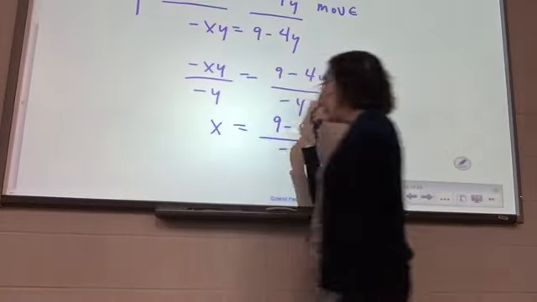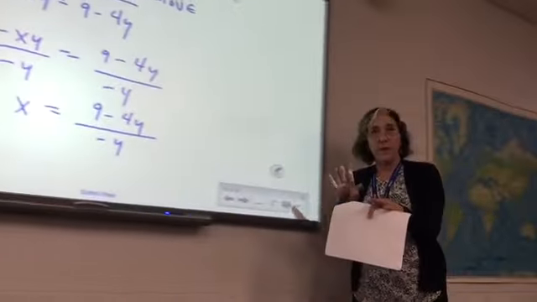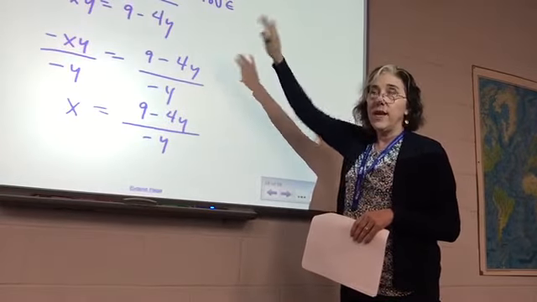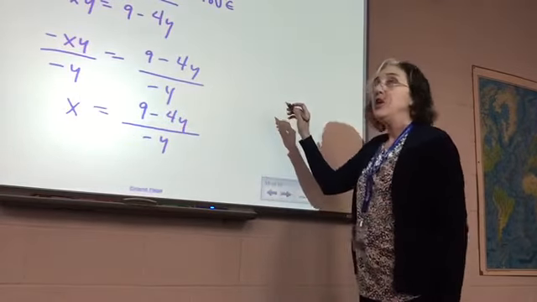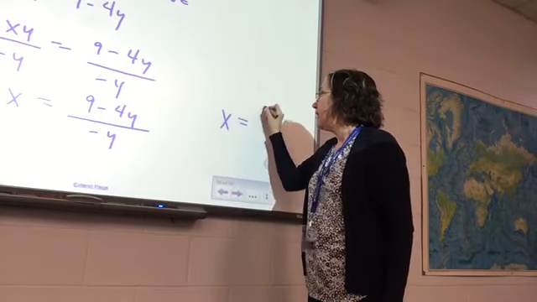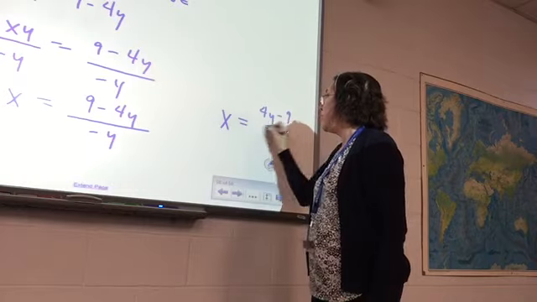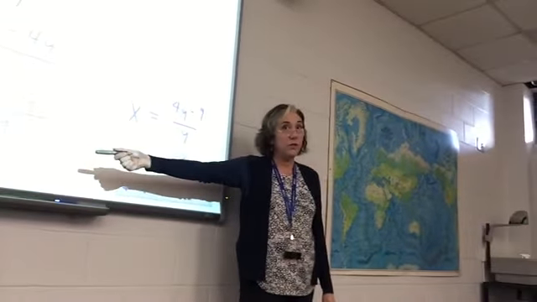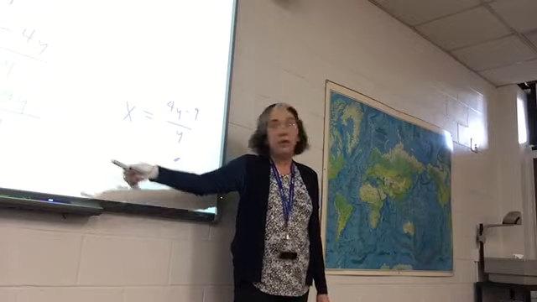Now, I know some of you work your problems kind of a little bit ahead of me. If you had moved your x to the right-hand side and the 9 to the left, your signs are going to be different, and that's okay. If you got x equals 4y minus 9 over y, yours is actually the same answer as ours. Let's see why.